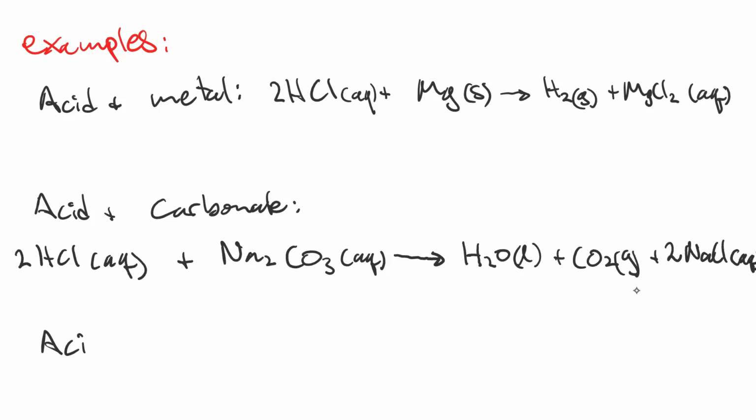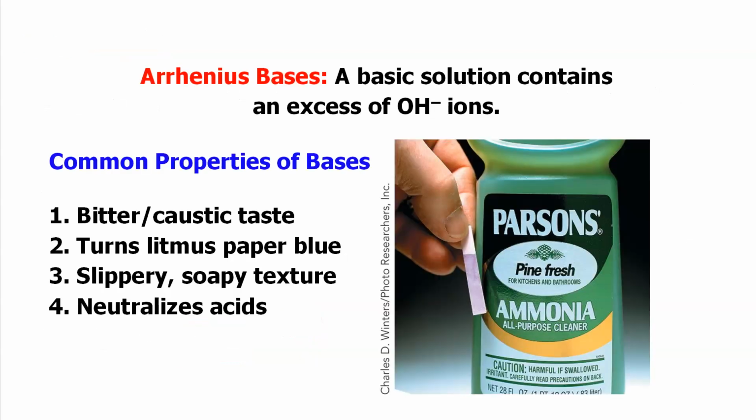Now, how about an acid plus a base? Well, first let's define what a base is. According to the Arrhenius definition, a basic solution supplies hydroxide ions. So, some common bases are metal hydroxide salts, like sodium hydroxide or calcium hydroxide.